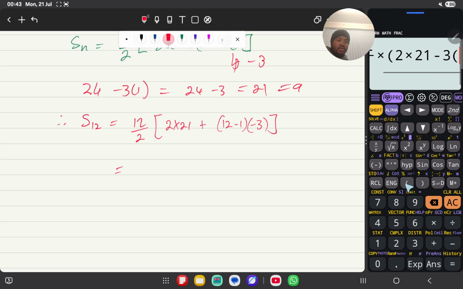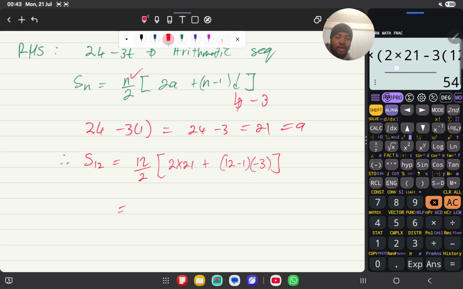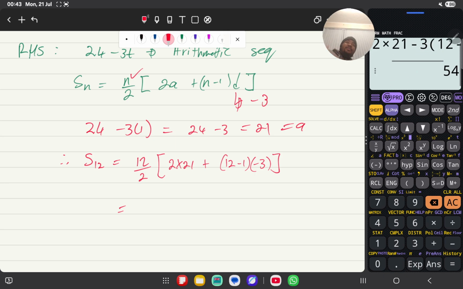So it's 12 divided by 2, and then we have 2a, so a is 21, and then it's this minus and positive minus, so minus 3 into 12 minus 1, then close. And we are getting how much? We are getting 54.